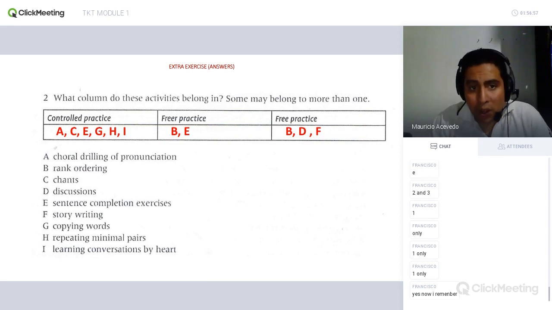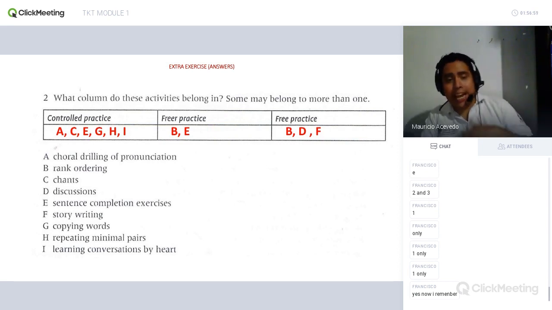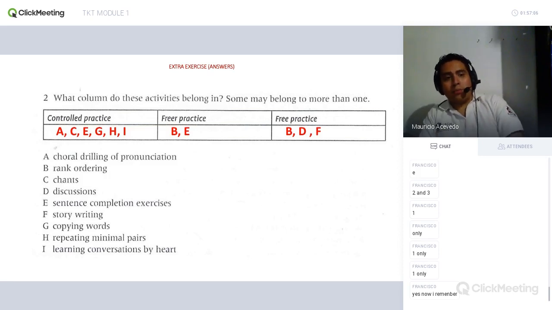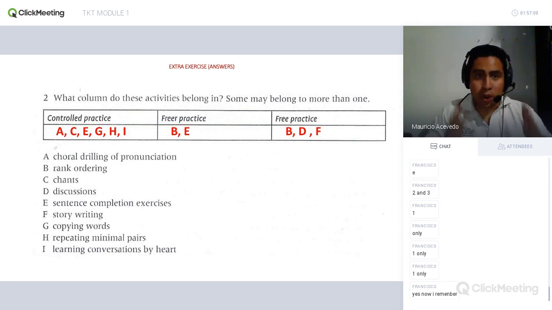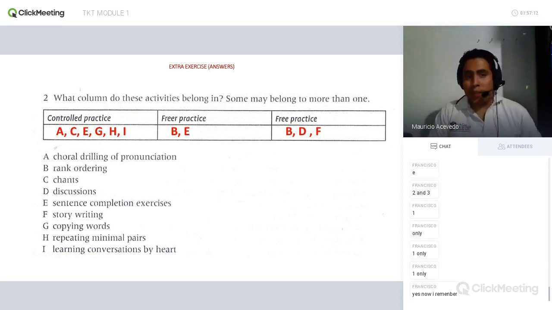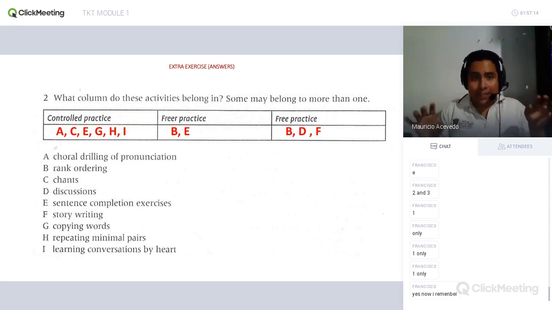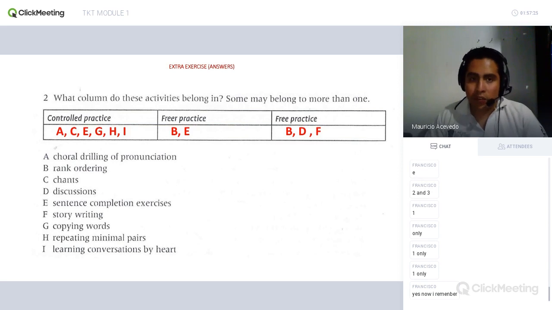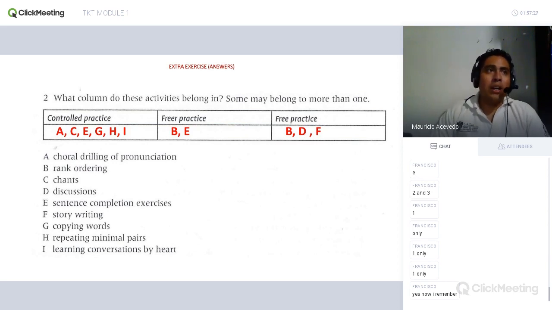Okay, A, no. Choral drilling of pronunciation. Okay, in this case, it's not a freer practice. Because you are not controlling the choral drilling. They are going to do it at their own speed, for example. Okay, yes, you have a sentence, but the choral might change. So maybe you will ask the students to say it as in a question of pronunciation, for example. I don't know.